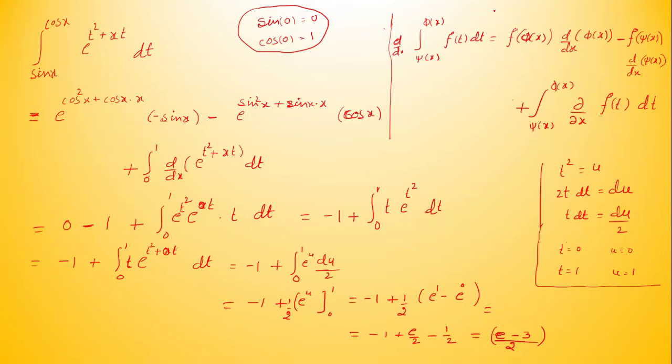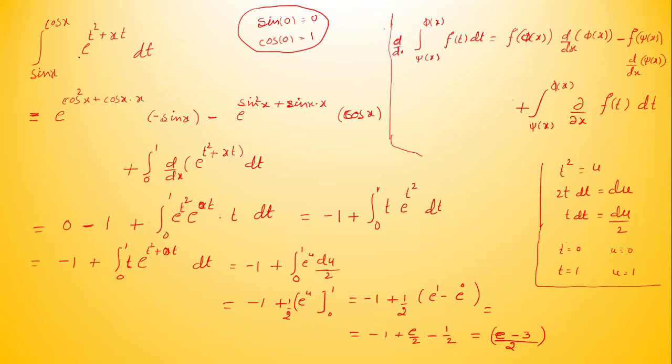This is the Leibniz rule. If you apply this for this question, f of pi of x, the upper limit: e raised to, in place of t, replace by the upper limit. That means cos square x plus cos x into x.